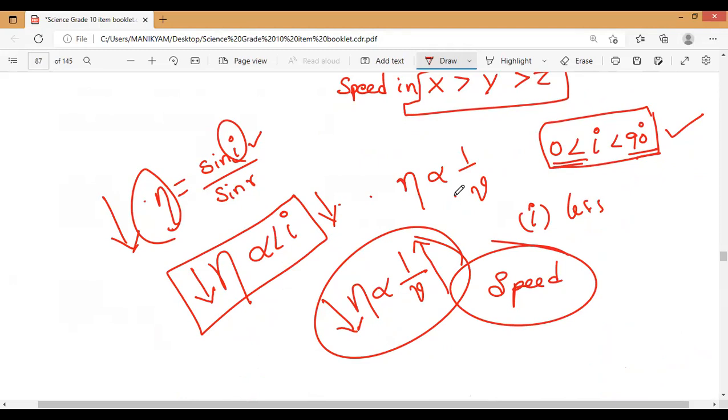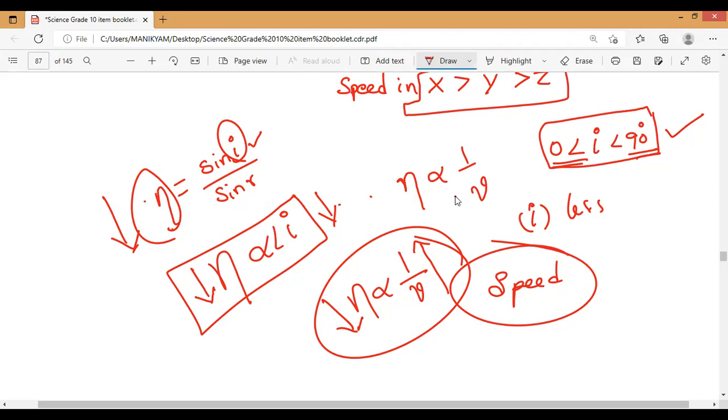So according to Snell's law, the angle of incidence and refractive index are directly proportional to each other.